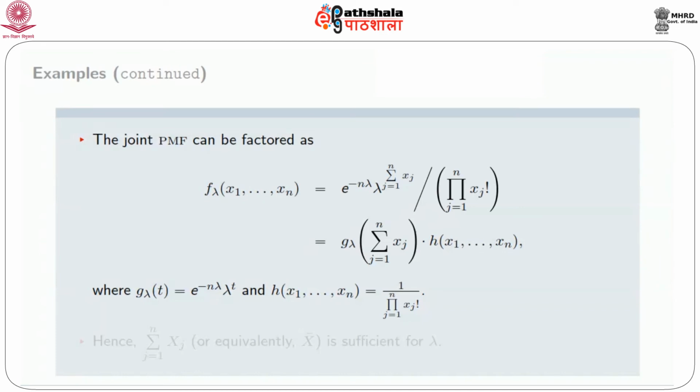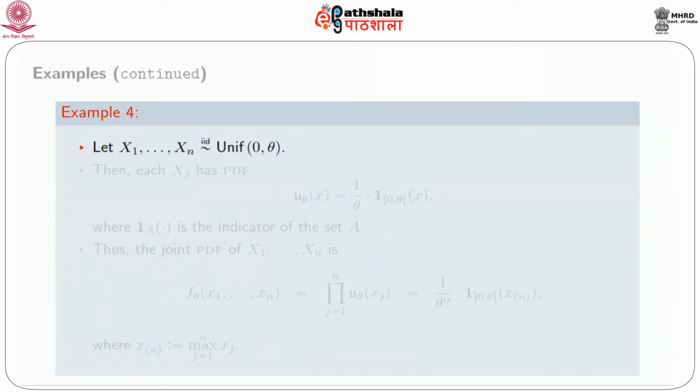Now if we set t equals summation j from 1 to n xj, then the first part can be written as a function of t, it is g_lambda(t). g_lambda(t) equals e to the power minus n lambda into lambda to the power t, and the second part is independent of lambda and this is actually 1 by product over j from 1 to n xj factorial. Hence summation over j from 1 to n xj, or equivalently x bar, actually x bar is a one-to-one function of summation over j from 1 to n xj, is sufficient for lambda.